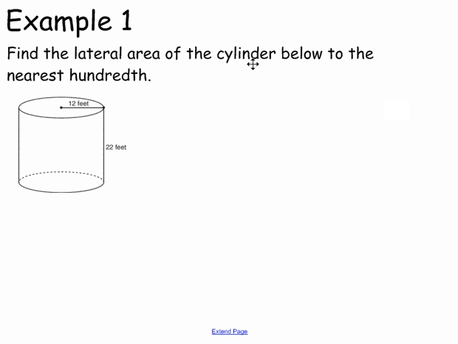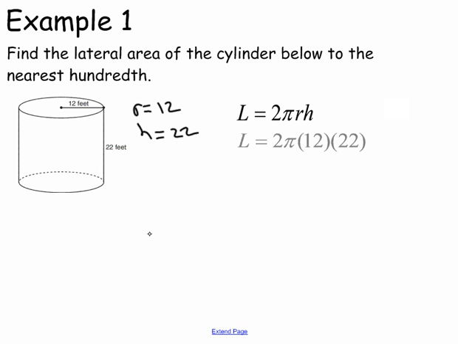So the formula for the lateral area of a cylinder is L equals 2 pi r h. The radius is 12 and the height is 22. So you're going to substitute into the equation. You get 2 times 12 times 22, that gives you 528 pi.